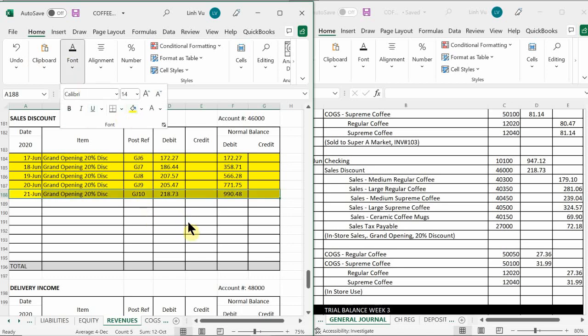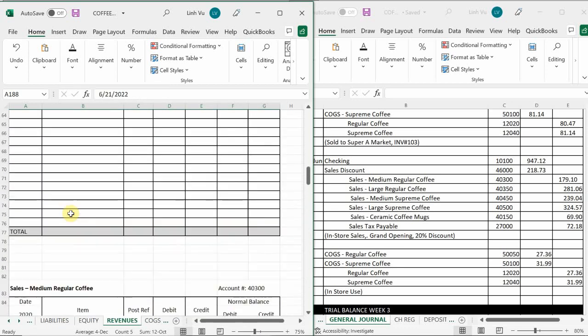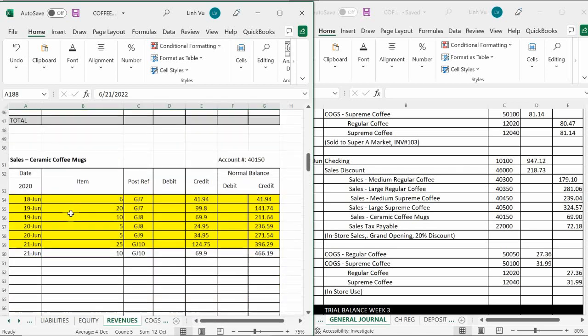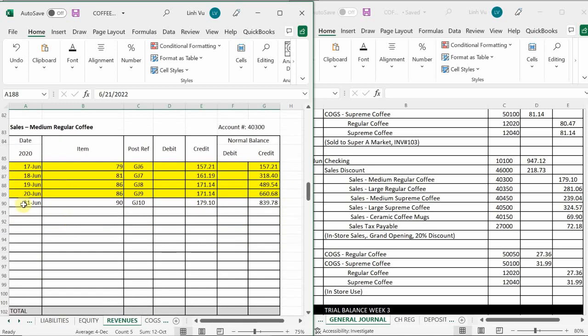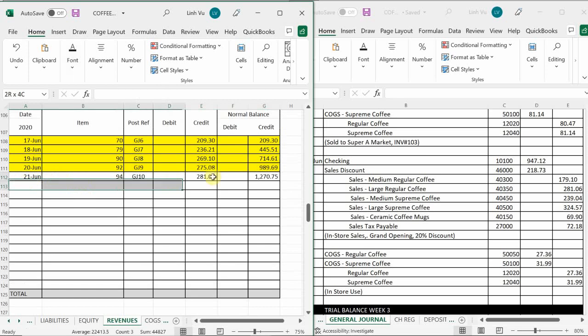Okay. We also made our sales for the regular, medium, and Supreme coffees. Okay, so starting with here, we have the regular coffees. We sold for $179. That's correct. We sold our large regular for $281.